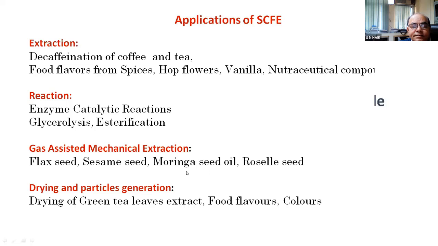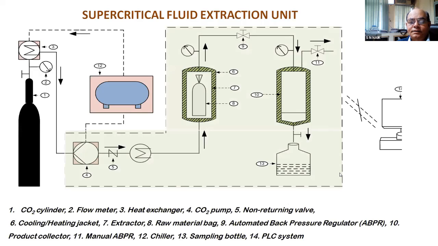Then gas assisted mechanical extraction to isolate specialty oils: flaxseed oil, sesame oil, moringa oil, then hibiscus seed oil and all that. Supercritical is also used in the food industry for particle design, encapsulation of food flavor, color, and other things.